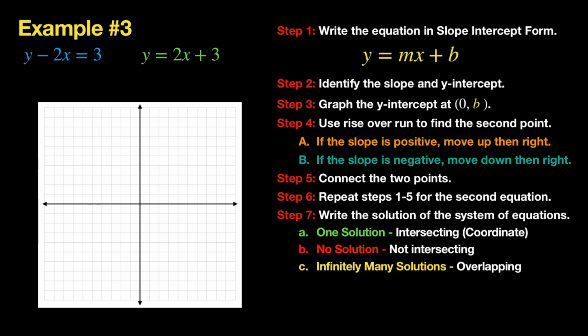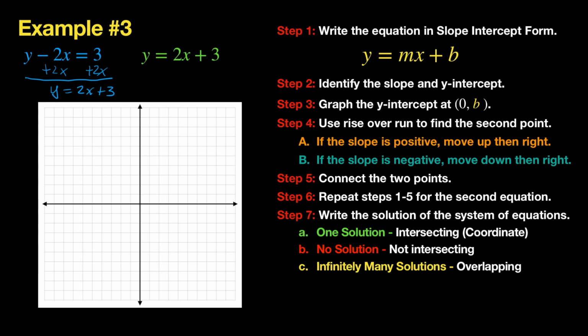For example 3, similar to example 2, in the blue equation, the y is not by itself. So we're going to have to add 2x to both sides. And remember that you cannot add constants and variables. So we end up with 2x plus 3.